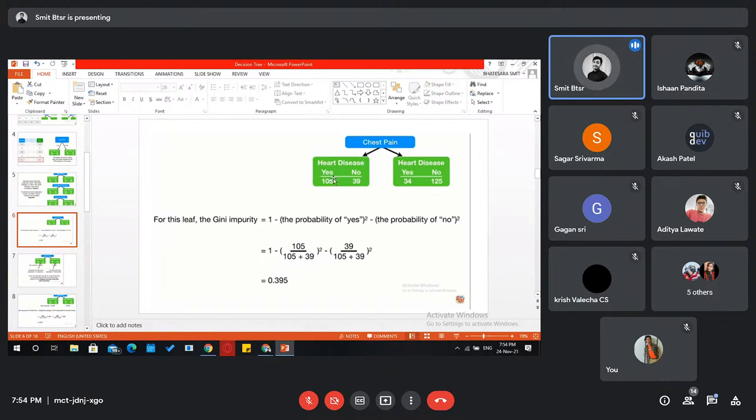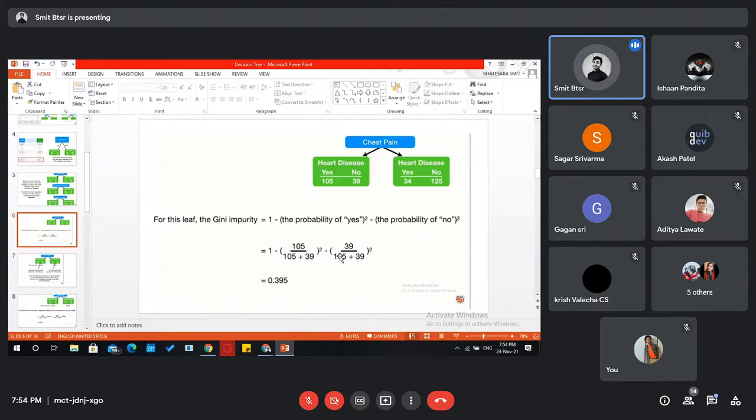We are just calculating for one part, not for this other part. 1 minus probability of yes squared, minus probability of no squared. So here is the basic formula for finding this impurity. You can write it down if you want, or just remember that it's 1 minus probability of yes squared minus probability of no squared.